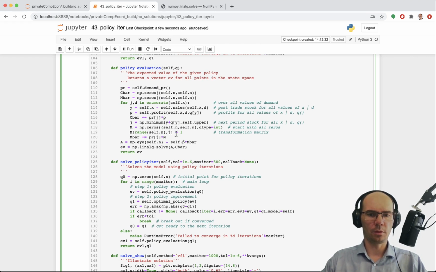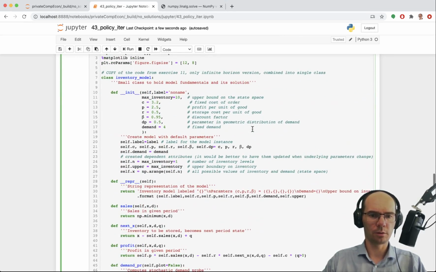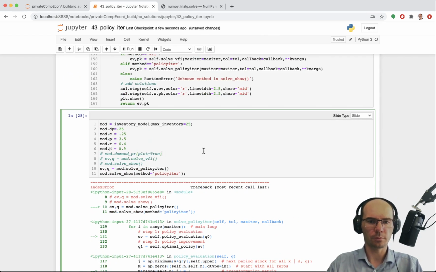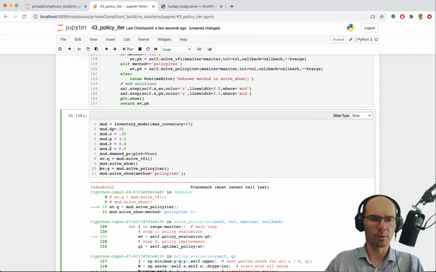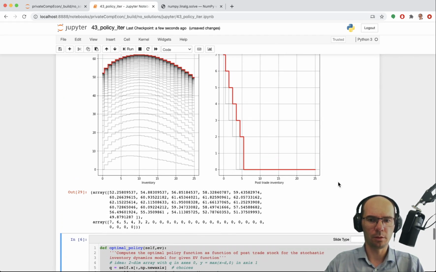I mean, I could just say that j should be int. Or we can change it everywhere and say that this is a range, dtype int. Let's make this change. It didn't help, but we've changed something, and let's check that the previous solver works. And it does.